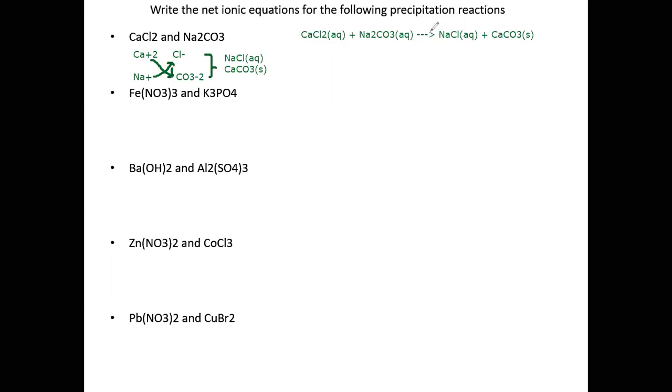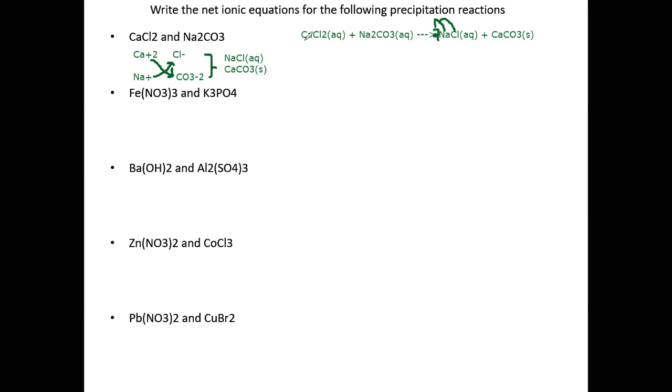So to balance it, we got to put a 2 right here. And this 2 gets distributed to the sodium and to the chloride. So again, this first equation is called a molecular equation.